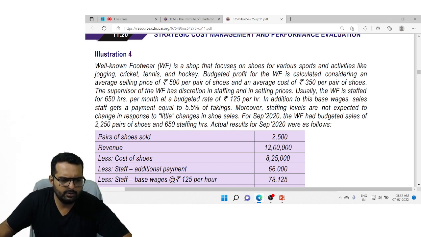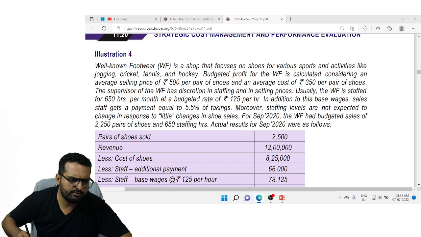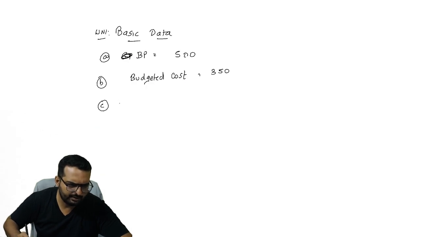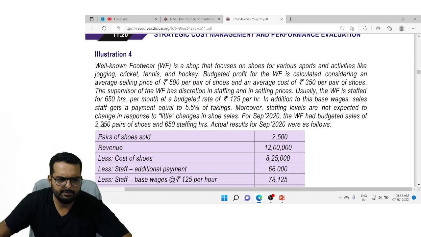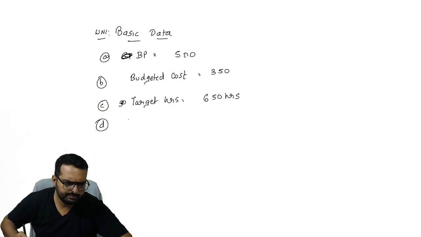Okay, then down they have told that the supervisor has discretion in staffing and setting prices. Usually the shop is staffed for 650 hours. So I'll write down the next one. Target hours is how much? 650 hours at a rate of 125 rupees per hour.